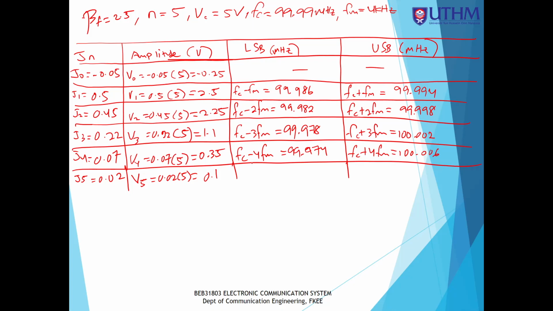And then Fc minus 5 Fm is 99.970 megahertz. And Fc plus 5 Fm is 100.010 megahertz. Okay, and then from here we can do the drawing of amplitude versus frequency.